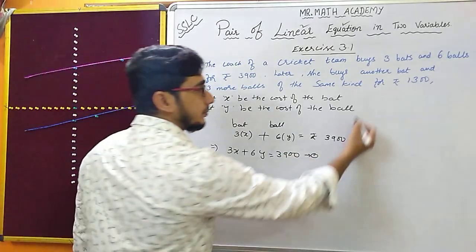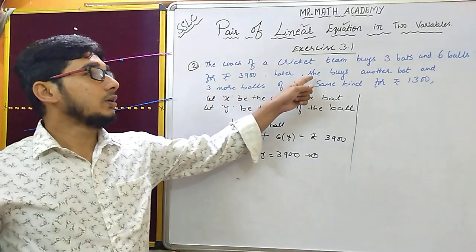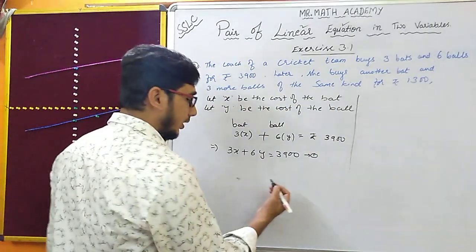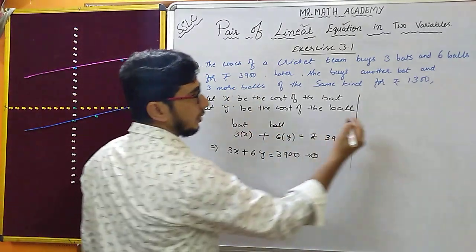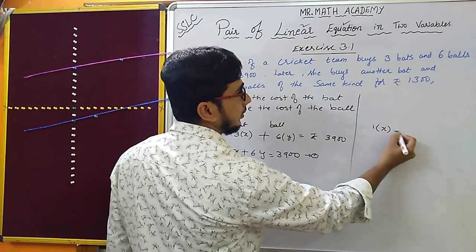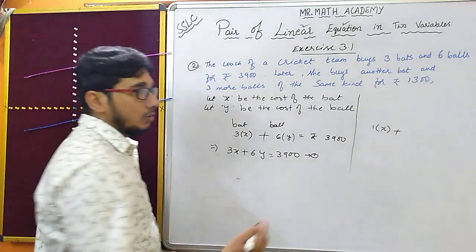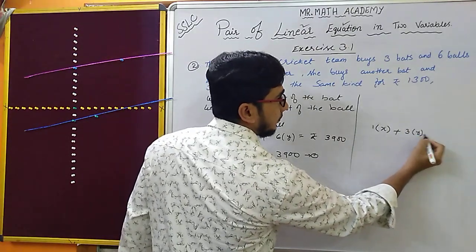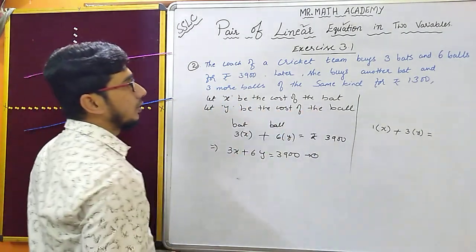Okay, now again, she buys another bat. Another means a single bat, and that cost is x, plus 3 more balls. 3 more balls means 3 balls, and that cost is y, where, as already given, y is the cost of a ball.